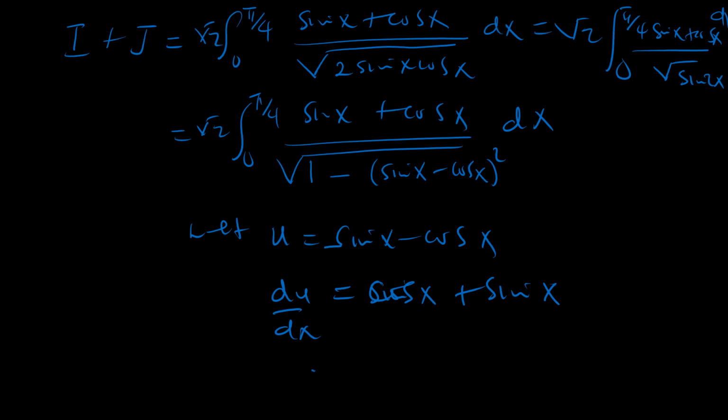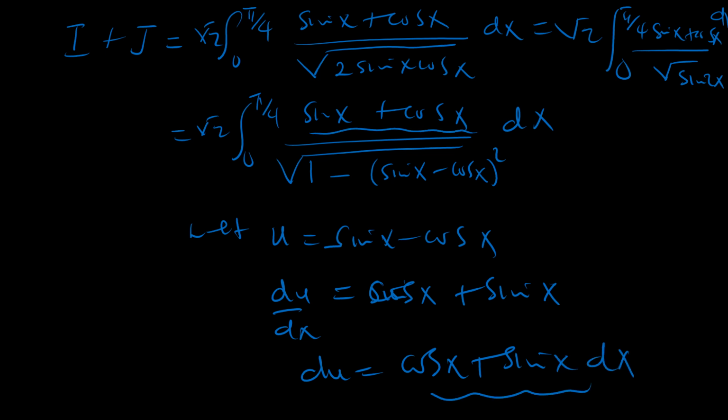So du is equal to cosine x plus sine x dx. And this here is the same as this part here, and so we could easily substitute with that. Let's continue.